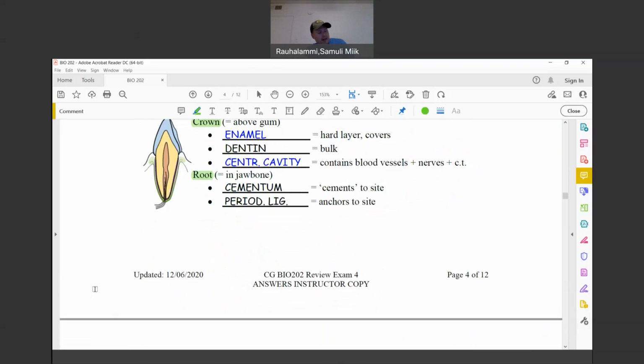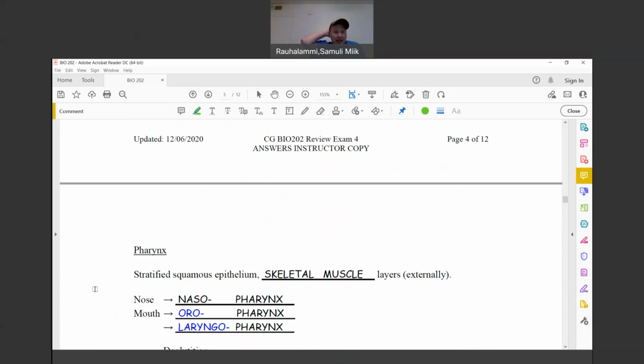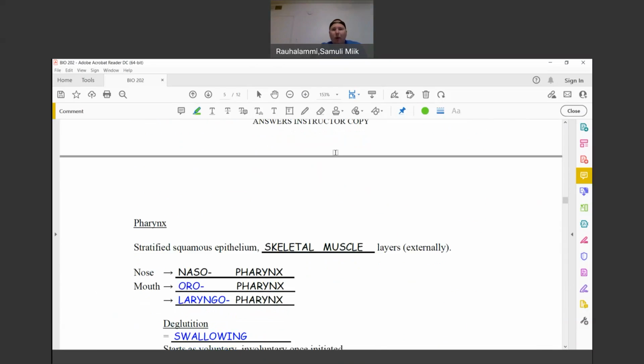So that was our dentition, and I think we're ready to move on, following the road of the digestive tract. And let's have a look at the pharynx. The pharynx is made of skeletal muscle layers, especially externally, and stratified squamous epithelium. And the pharynx is a structure that we've seen before when we talked about, for example, respiration.